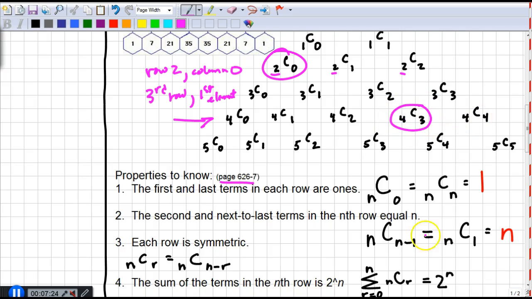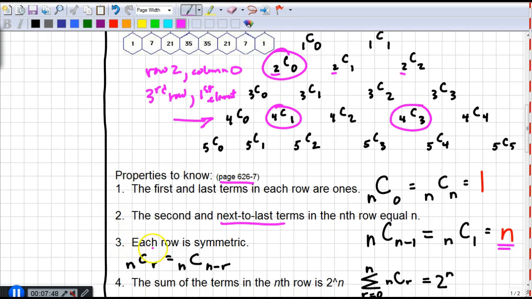That's going to be the second to the last term in the row, or the next to last term. If you take 4 choose 1, that's going to be this number here. That's also going to be a 4 because it's the second number in. So when you're having an r value of 1, you're always going to get your row number back, letter n.